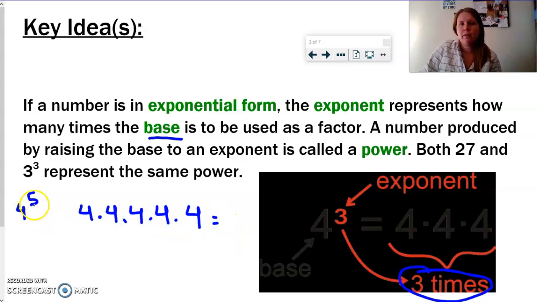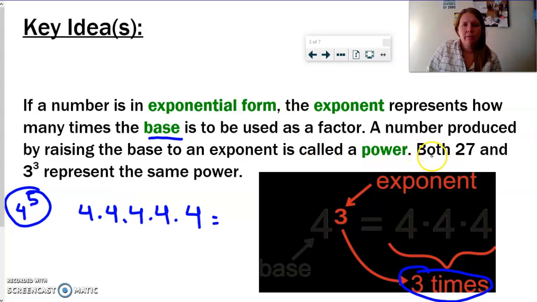And that would give me whatever 4 to the 5th is. So here's your base. 4 is my base, 5 is my exponent, or we can call it power. And then this entire part here is what is called exponential form.